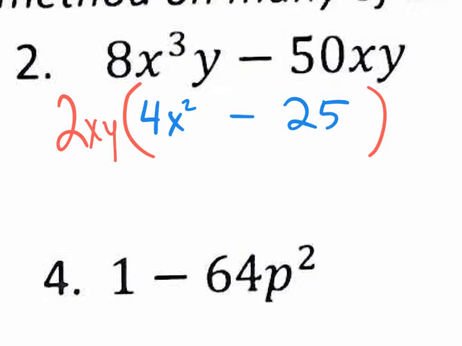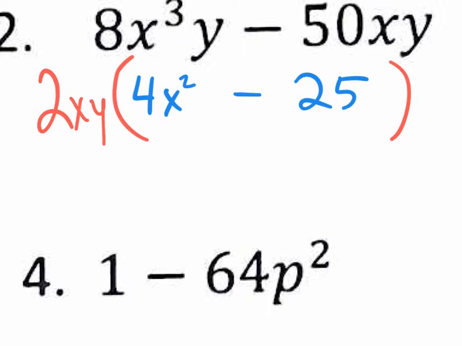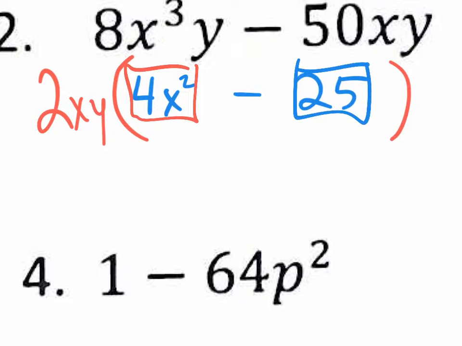So after pulling out the GCF, if you look at the inside, we do have a difference of two perfect square terms. So I am going to square root that first perfect square term, and I'm going to square root the second perfect square term, and I'm going to plug it into my difference of two squares format when we factor.